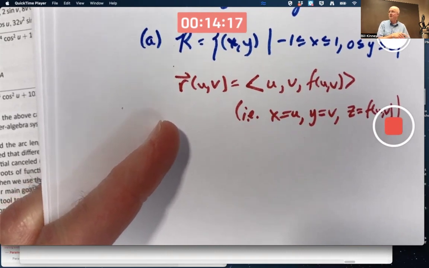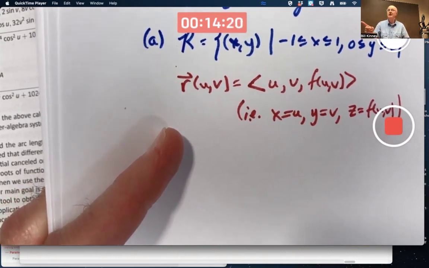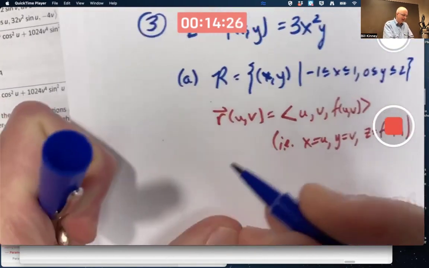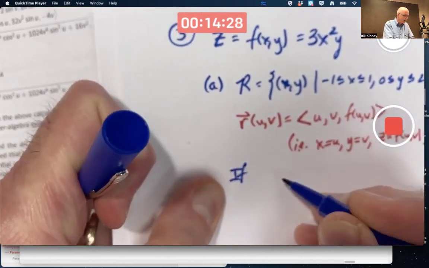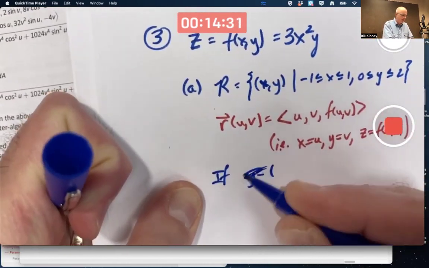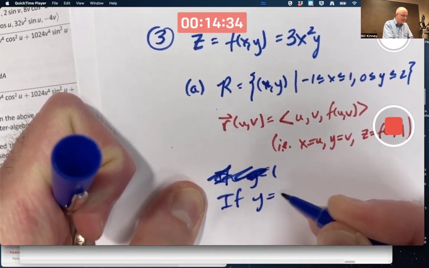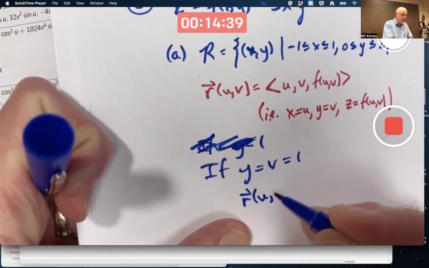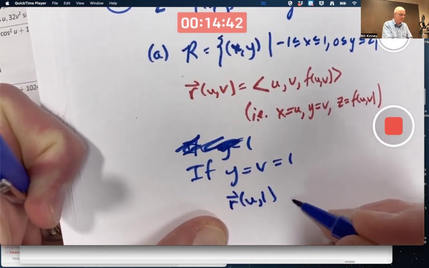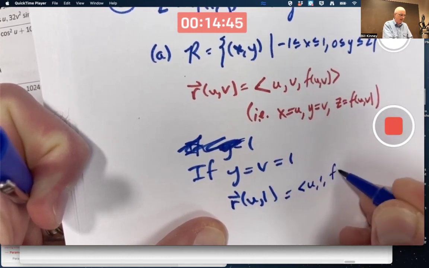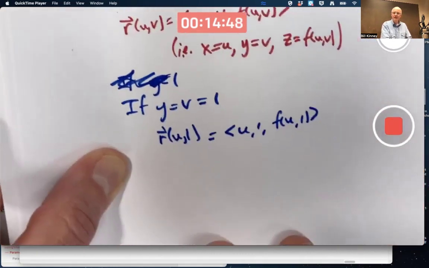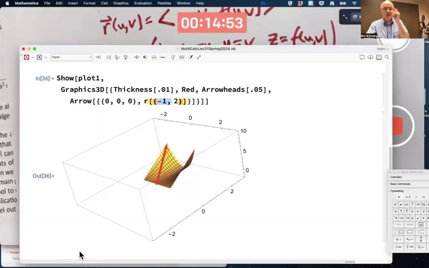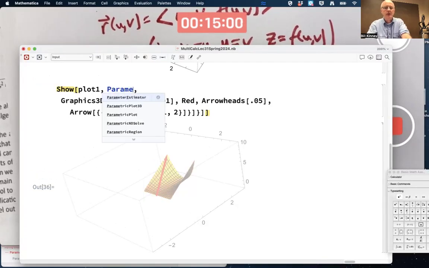If you fix one of these variables and let the other one vary, then you get a parametric curve. So for example, if I set V equal to 1, then I get a parametric curve in U. {U, 1, f(U, 1)} is a parametric curve in the one parameter U. I could plot that as well with ParametricPlot3D.